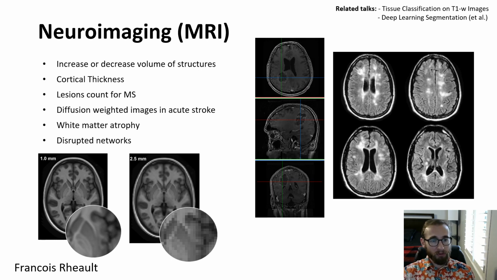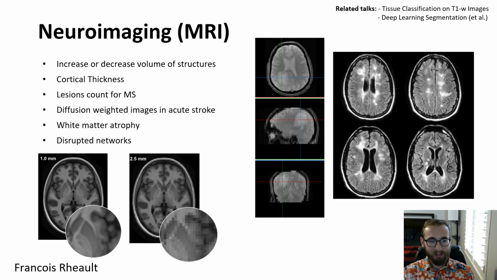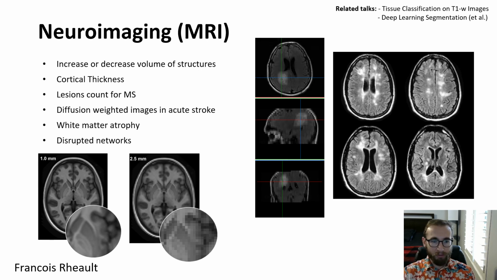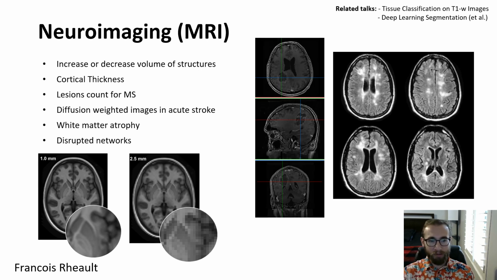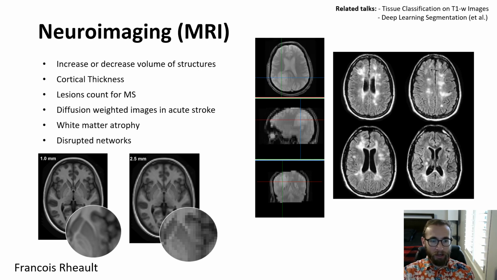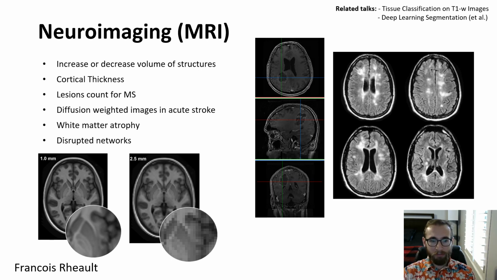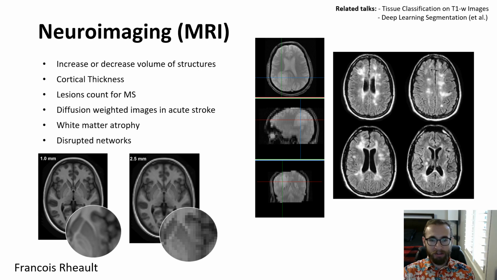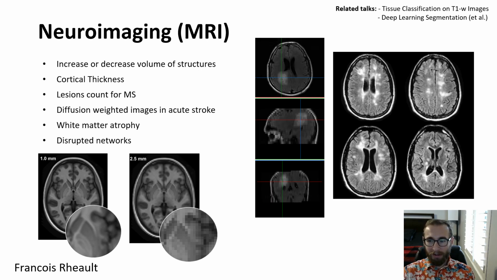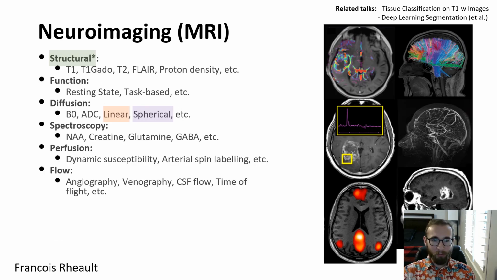So, for example, if you want to look at the decrease or increase of volume of structures, cortical thickness, lesions for multiple sclerosis or aging, if you want to look at early signs of stroke using diffusion-weighted images, white matter atrophy or disrupted networks, all of these questions can be investigated using MRI, and it's just an amazing kind of modality. But in DIPY, we have a special love for the contrast that is diffusion MRI.